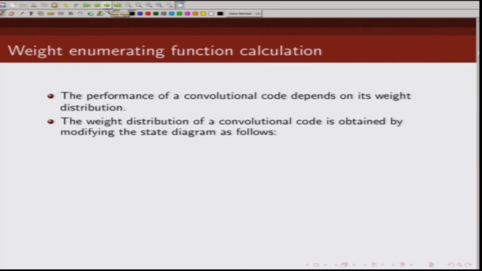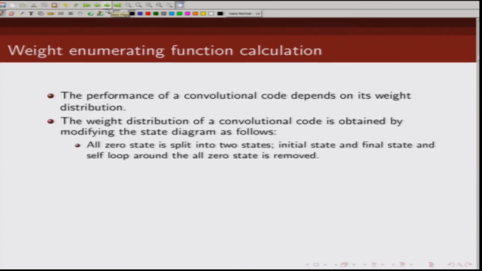How are we going to modify it? We are going to split the all 0 state into two states, an initial state and a final state, and we are going to remove the self loop around the all 0 state.